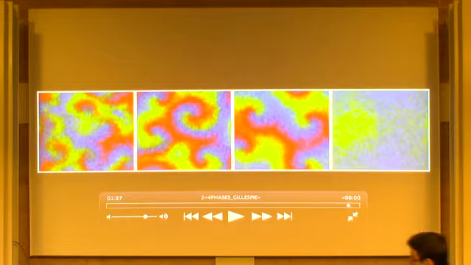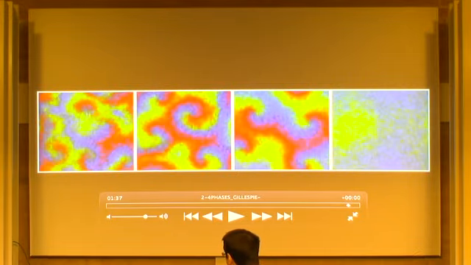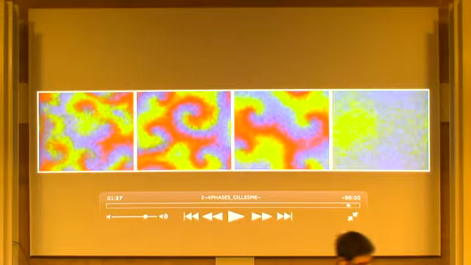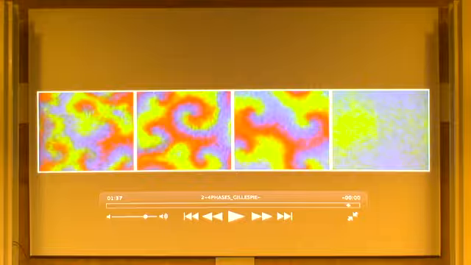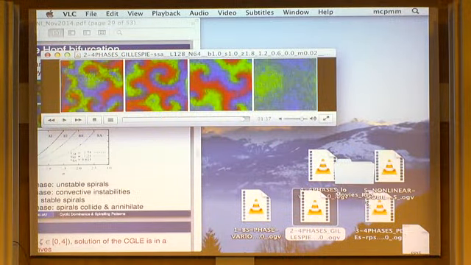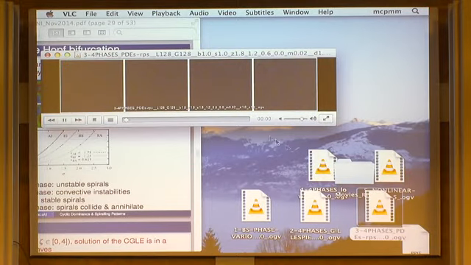And here there is this convectively unstable phase in which spirals are stretched and deformed. So that's what we observe using the Lattice simulations, and this is what we have using the PDEs.